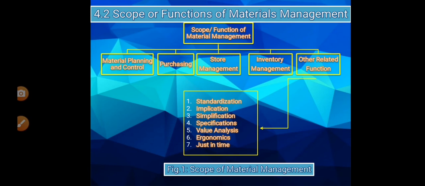So, number one is the material planning. This involves estimating the individual requirements of materials, preparing material budget, forecasting the levels of inventories, scheduling the orders, and monitoring the purchase and issues. It's based on the sales and production plans.